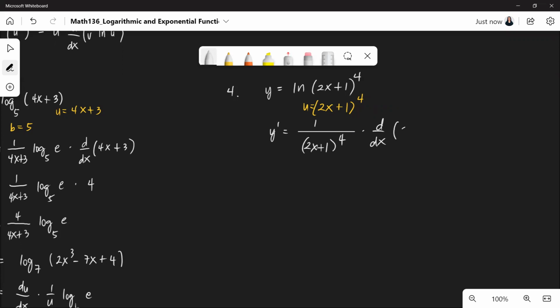So the derivative of 2x plus 1 raised to the power of 4. Now we're going to use the power rule here because this is raised to the power of 4. So just copy this.